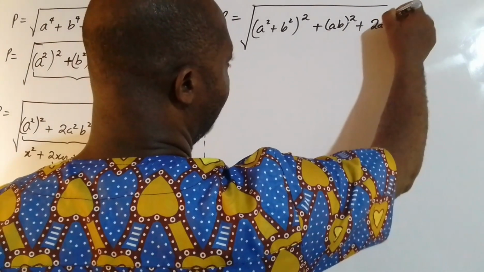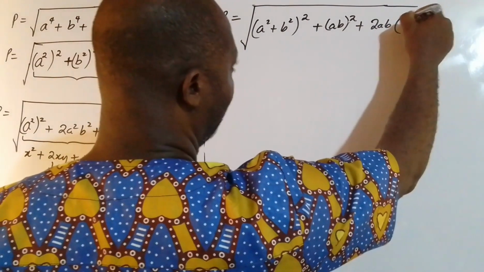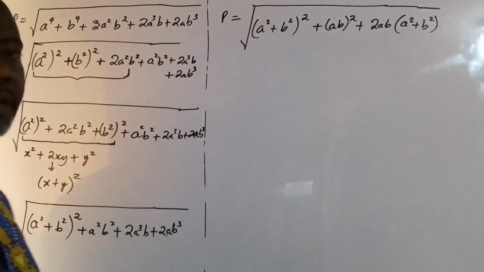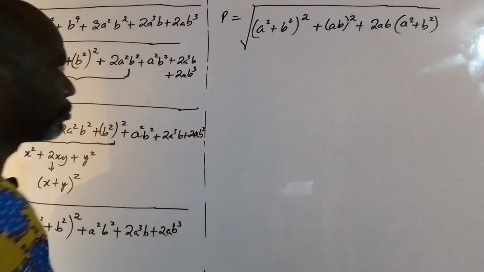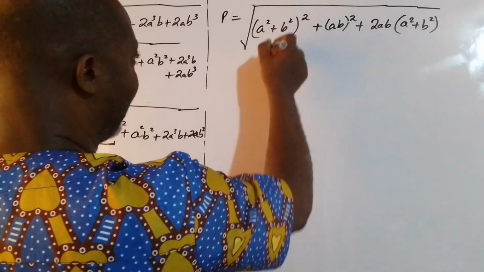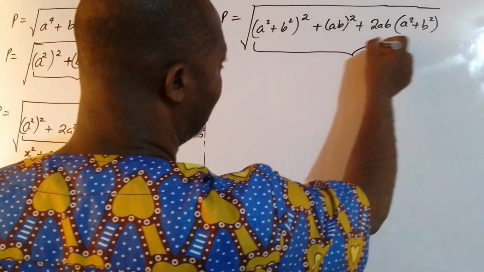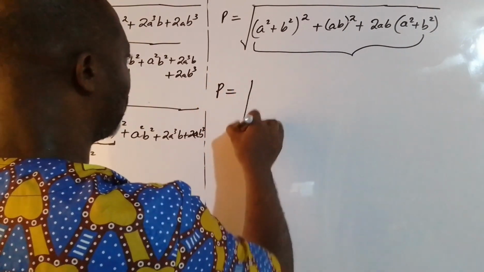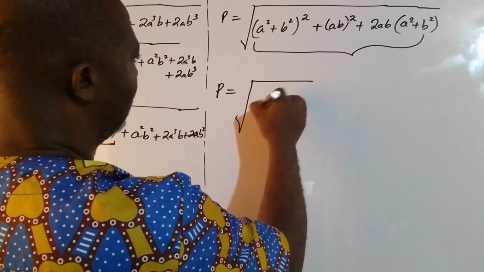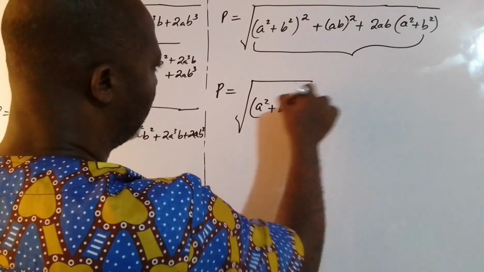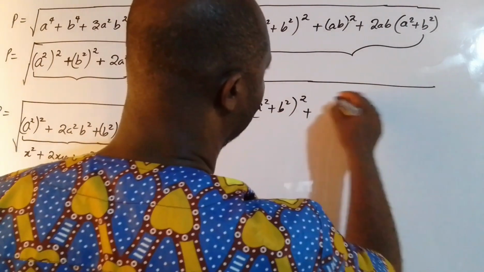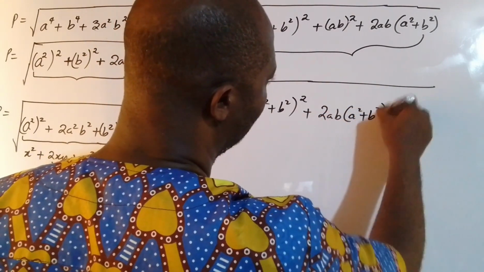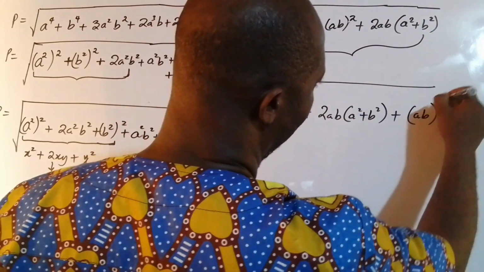So I'm going to have 2ab, so that inside the bracket we have a squared plus b squared. Can you see that? Now the next thing is I'm going to rewrite the whole of this to look this way. P equals the square root of (a squared plus b squared) all squared plus 2ab times (a squared plus b squared) plus (ab) all squared.